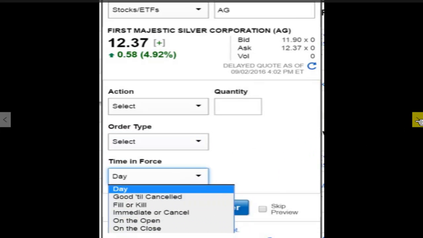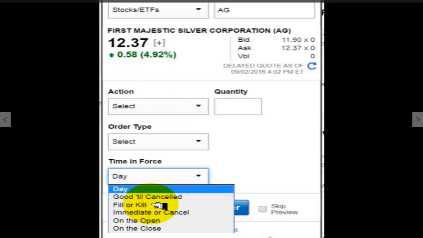All right, again, more order types. Here's good till cancel, fill or kill, immediate or cancel, on the open or on the close. Fill or kill means, let's say you wanted to sell a lot of shares of something you owned. You're saying, look, I want to sell 10,000 shares of this.